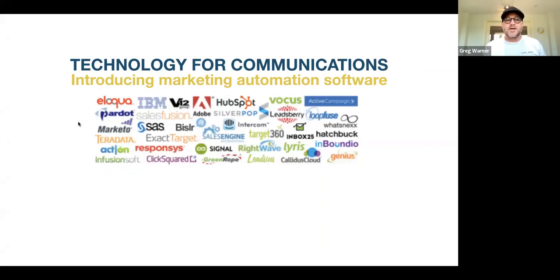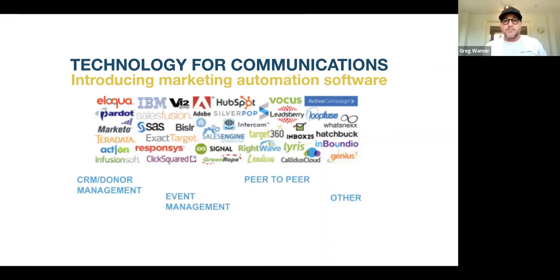There are literally hundreds of these marketing automation companies, and generally, they have been designed for private sector businesses, not for nonprofits and fundraising, but there's plenty of them out there, and they will be glad to sell their systems to you. Of course, you've got to hire people to run them, if you will.